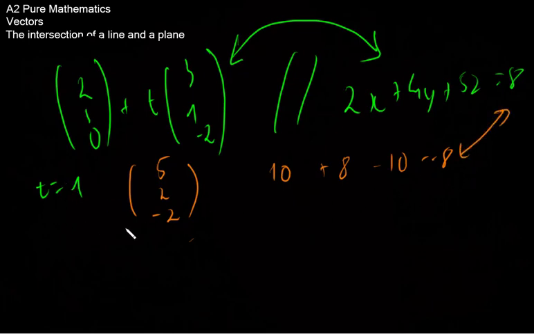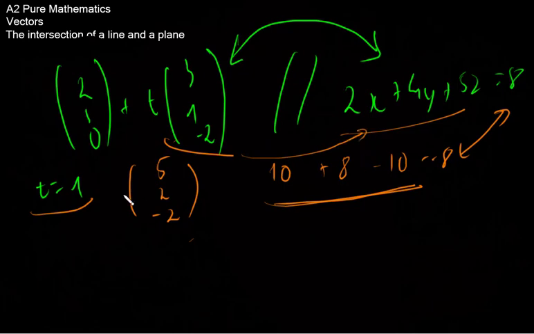So if t is equal to 1, this is equal to 8. That shows that when t is equal to 1, the point is in the plane. If a point is in the plane, and this line is also parallel to this plane, that is enough evidence to show that this line lies inside this plane. So when you try a point and see that it is in the plane, and the line is also parallel, you know that the line is in the plane.